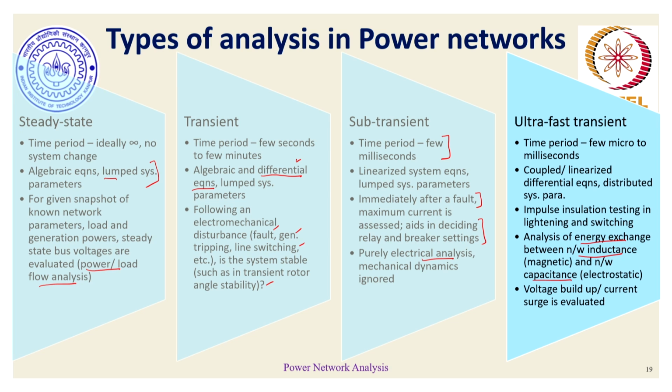The time period is on the order of a few microseconds to a few milliseconds, and to understand how a lightning strike happens, we make use of coupled linearized differential equations as well as certain distributed parameters. The output of this analysis helps in understanding how to design our system so that during lightning the system security, stability and integrity are not at stake.